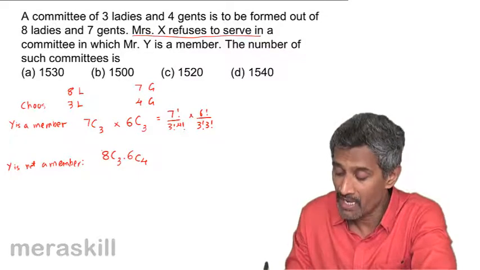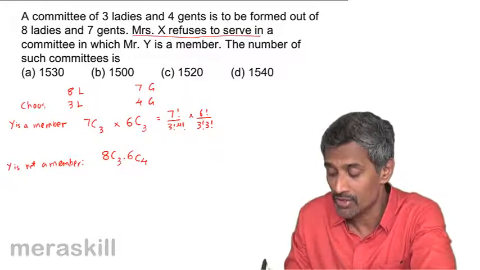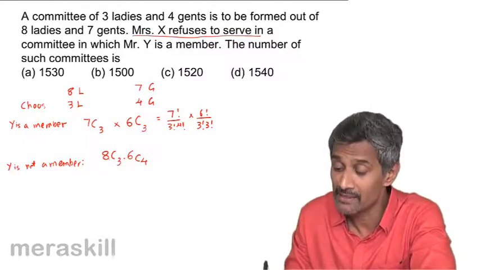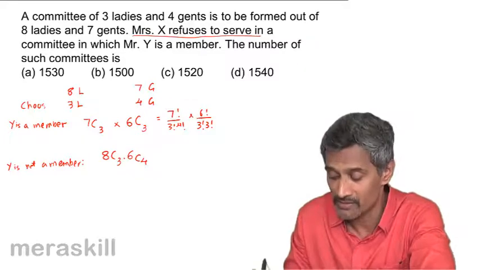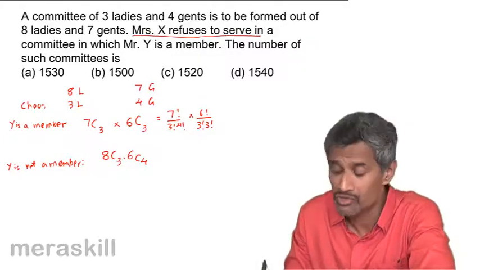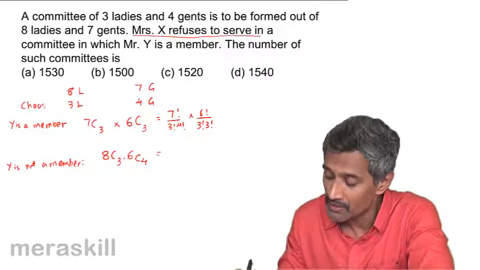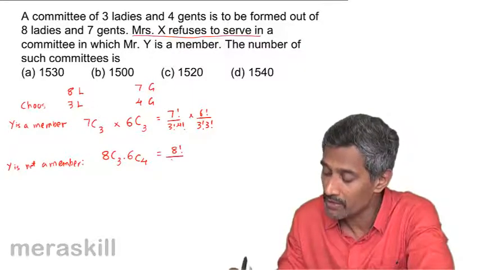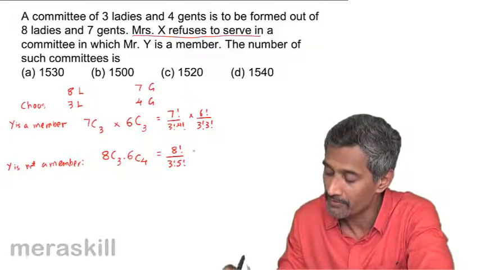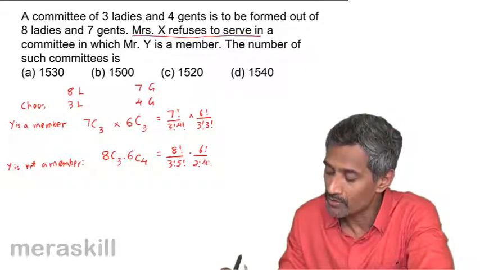X may or may not be a member. So Mrs. X is not actually included in this case. She is neither excluded nor included. She may or may not choose. This turns out to be 8 factorial upon 3 factorial into 5 factorial into 6 factorial upon 2 factorial into 4 factorial.